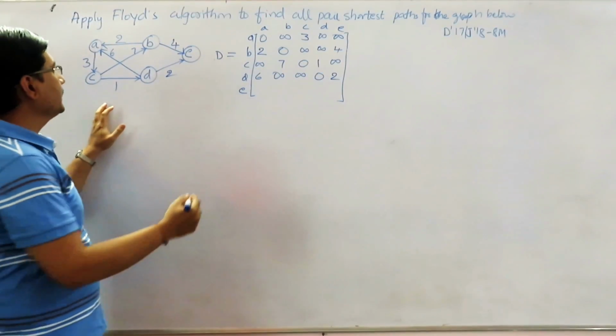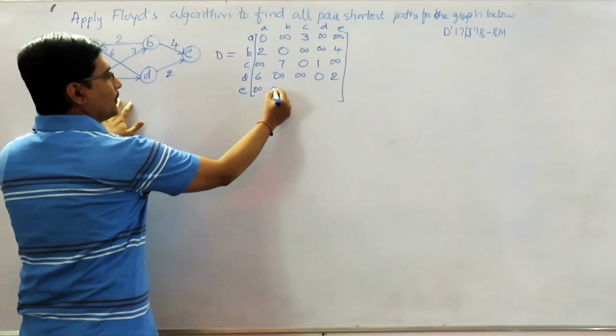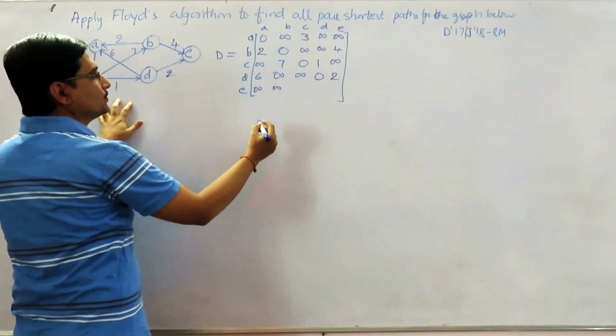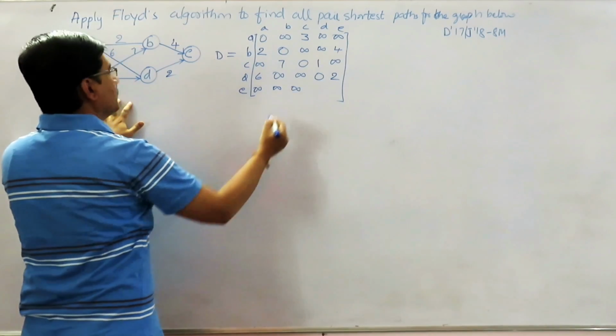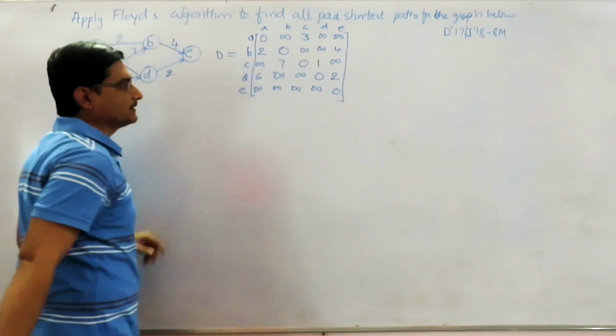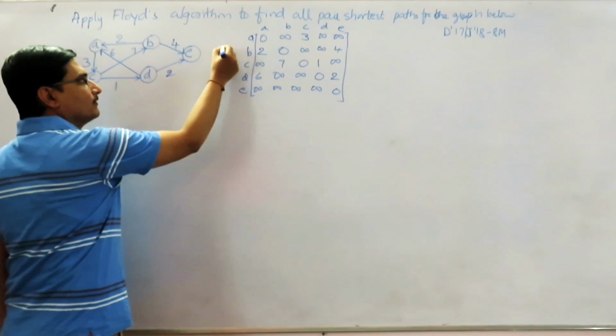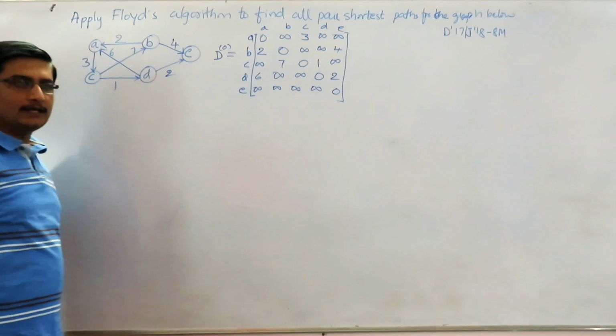E to A, there is no edge. E to B, no edge. E to C, no edge. E to D, no edge. E to E, distance is 0. So the same weight matrix that we have found will become D0.